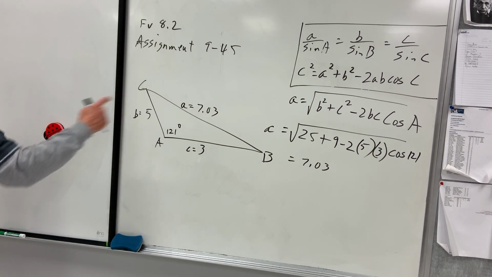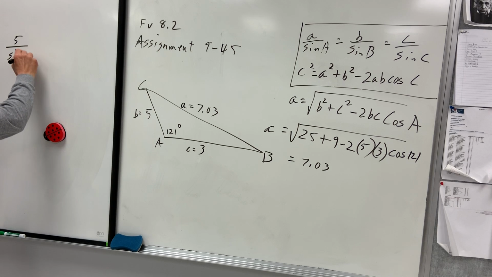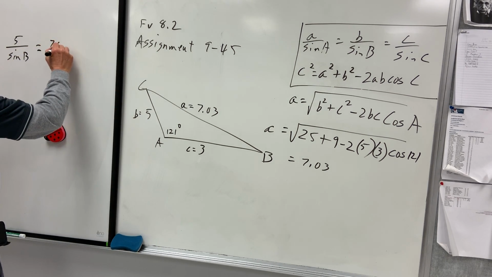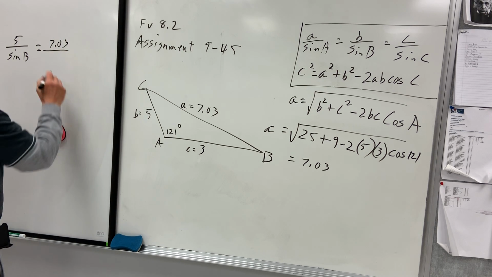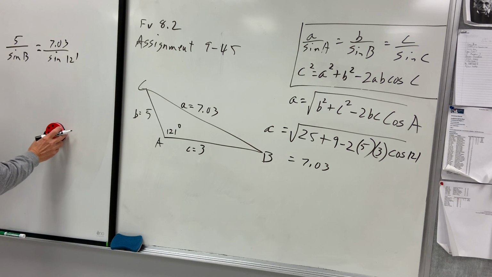If I'm solving for B, I have little b, which is 5, using law of sines, over sine of B equal to little a, which is 7.03, over sine of 121.